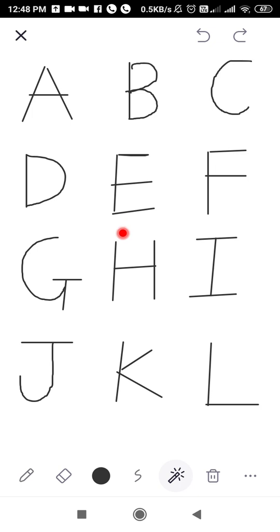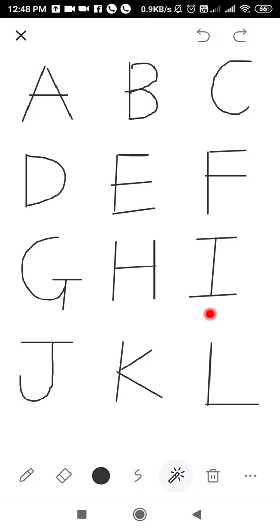Then next letter F. F for fish, F for frog, right? Then next letter G. G for grapes, G for goat. Then next is letter H. H for horse, H for house.